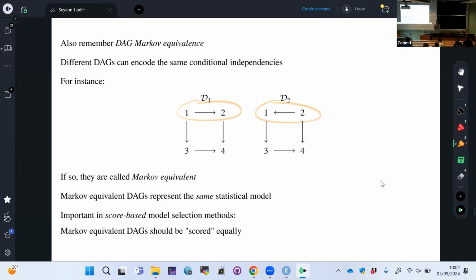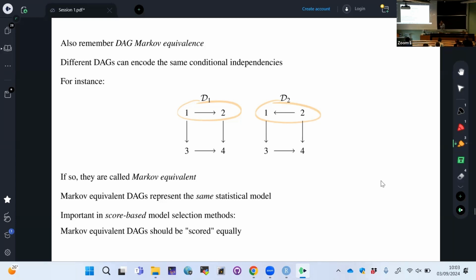But if you read the conditional independencies from these two DAGs, using d-separation or whatever criterion you like, you will discover that the set of conditional independencies encoded by the two DAGs is exactly the same. Also, if you read them from the factorization of the joint distribution, you will see exactly the same conditional independencies.